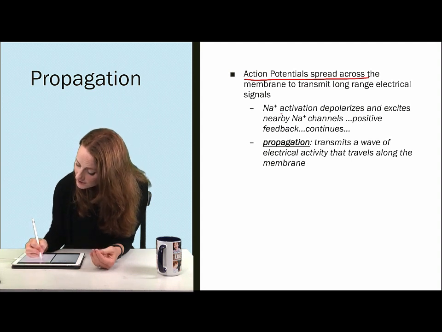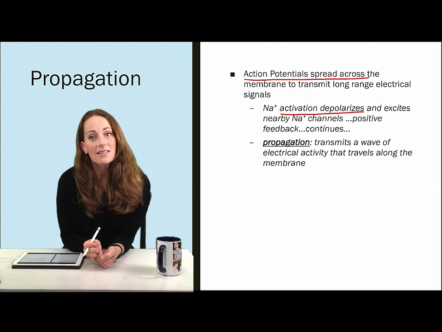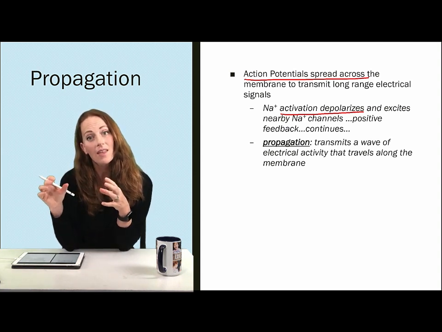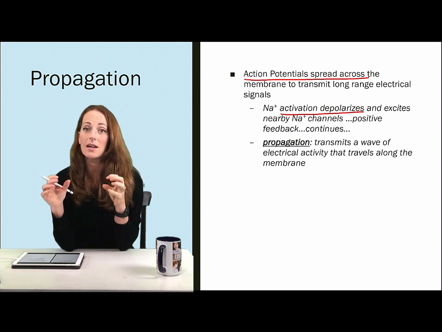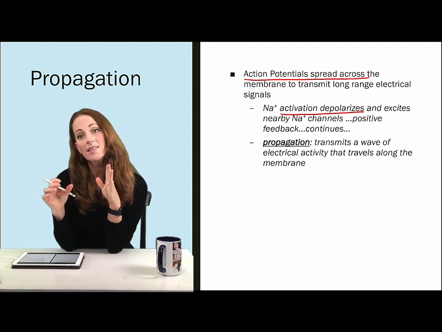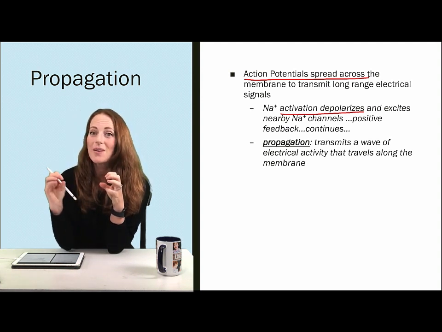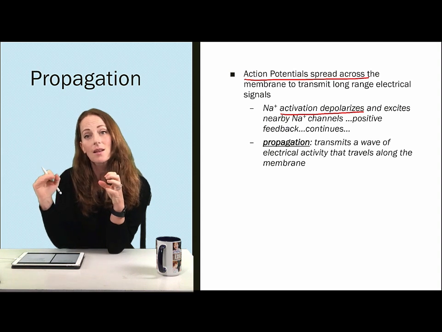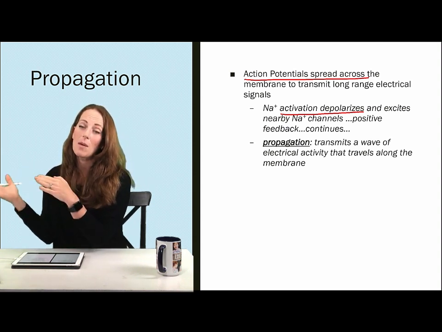They do that because the sodium activation depolarizes and excites nearby channels down the axon. Because of the inactivation that happens very quickly, once sodium channels are activated, they quickly inactivate, but then they've excited the ones next door. And that continues in a positive feedback, sort of a domino effect, down the membrane.